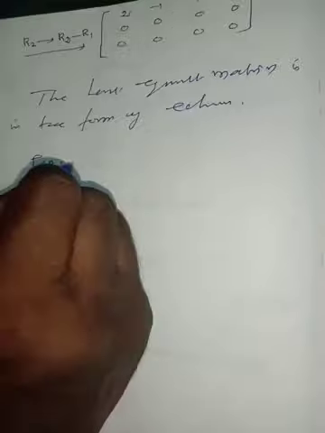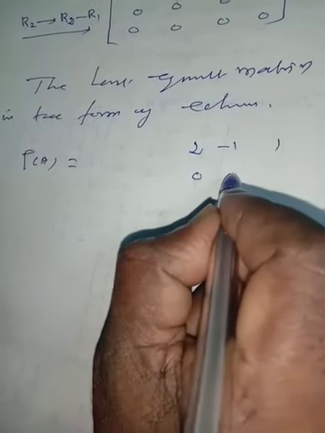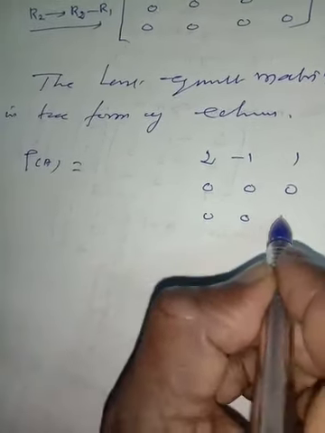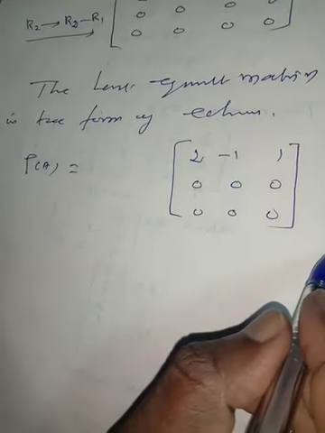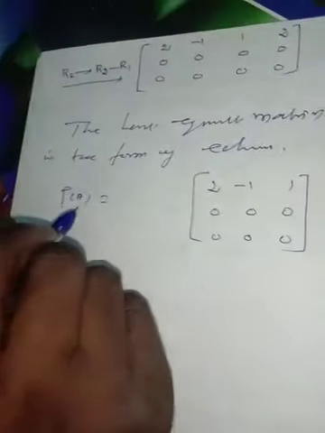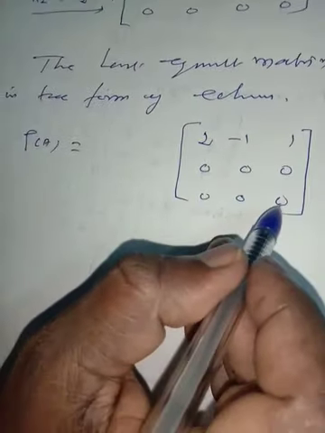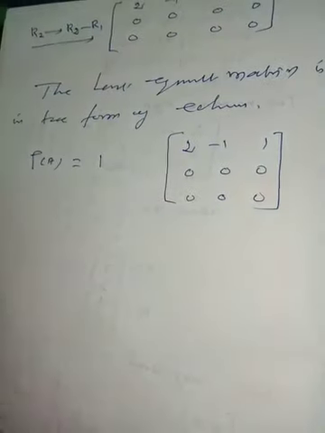Rank of A is equal to, take first 3 cross 3 matrix, 2 minus 1, 1, 0 0 0, 0 0 0. Number of non-zero rows is 1. Therefore, rank of A is equal to 1.